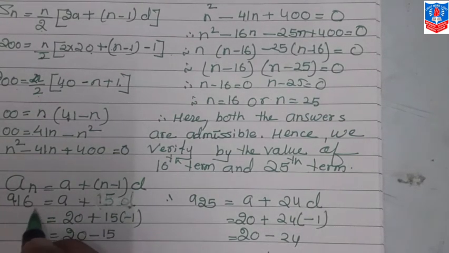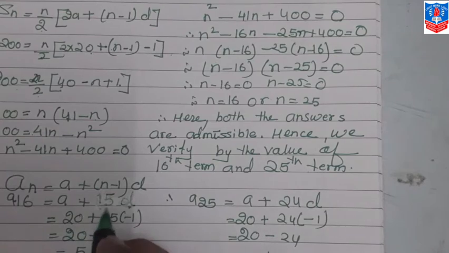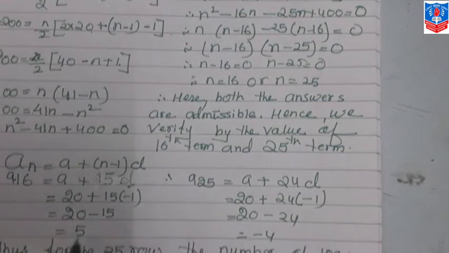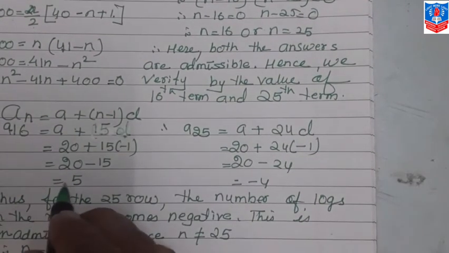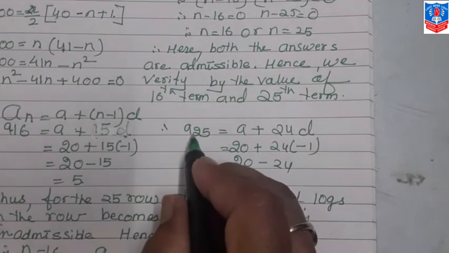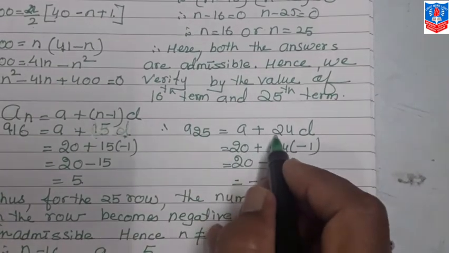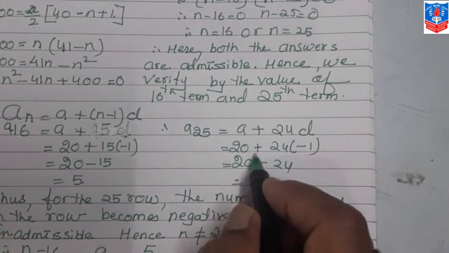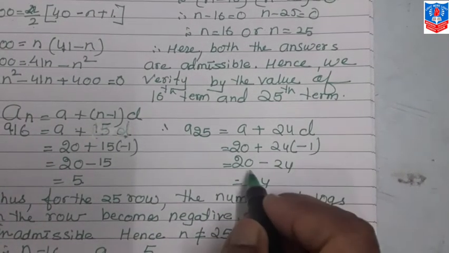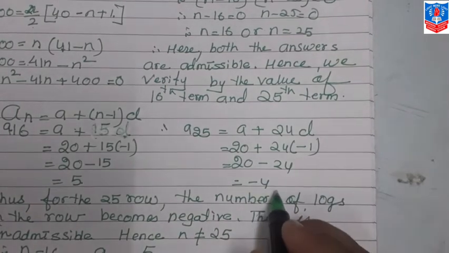So a16 equals 20 plus 15 into minus 1, so 20 minus 15, so a16 equals 5. अब आया a25, a plus 24d, so 20 plus 24 into minus 1, so 20 minus 24, so minus 4.